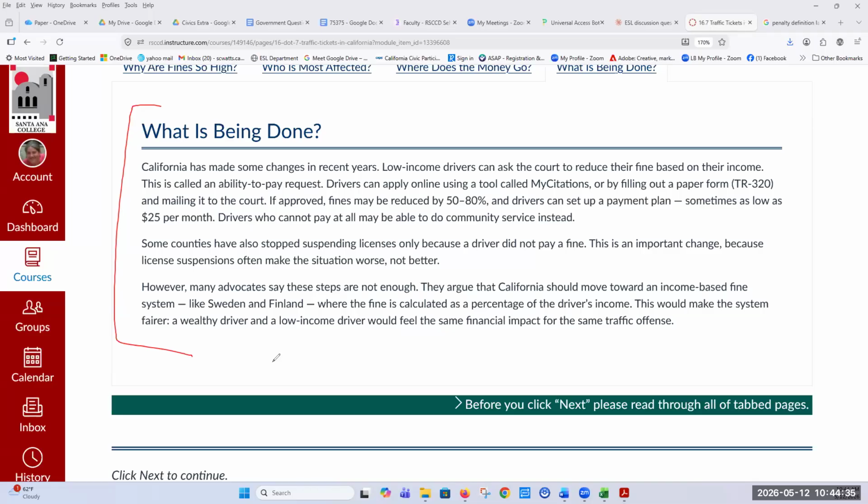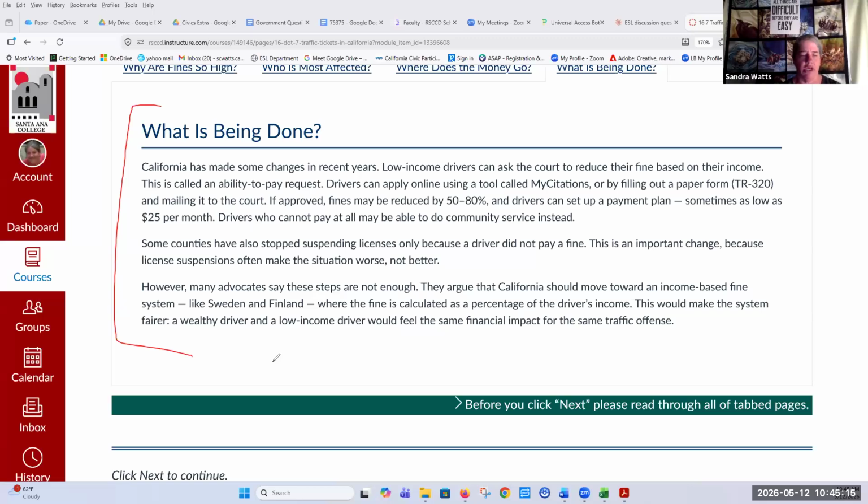However, many advocates say these steps are not enough. They urge that California should move toward an income-based fine system like Sweden and Finland, where the fine is calculated as a percentage of the driver's income. This will make the system fairer.